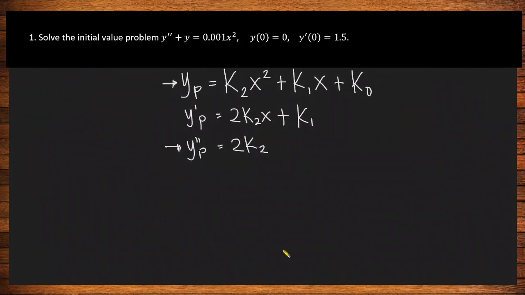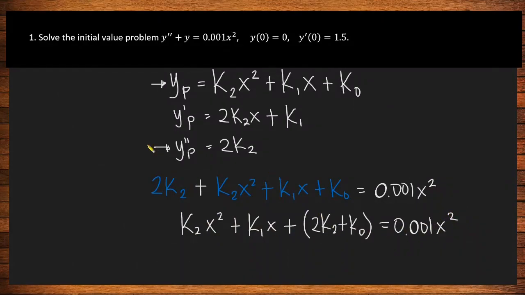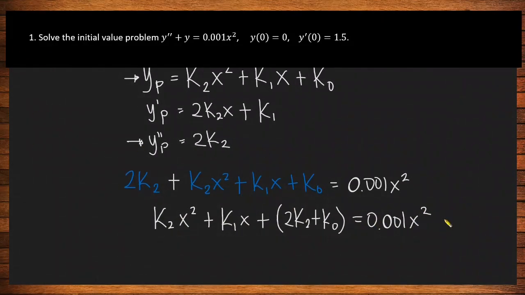So, substituting the value of y double prime and y into our ODE and then combining like terms, we will have this equation. Now, yung next na gagawin naman natin is we will equate the coefficients of x squared, x, and then x raised to 0 on both sides of our equation here.